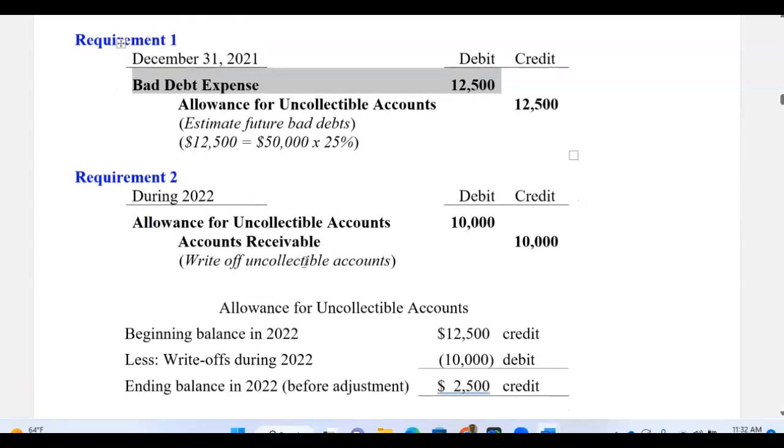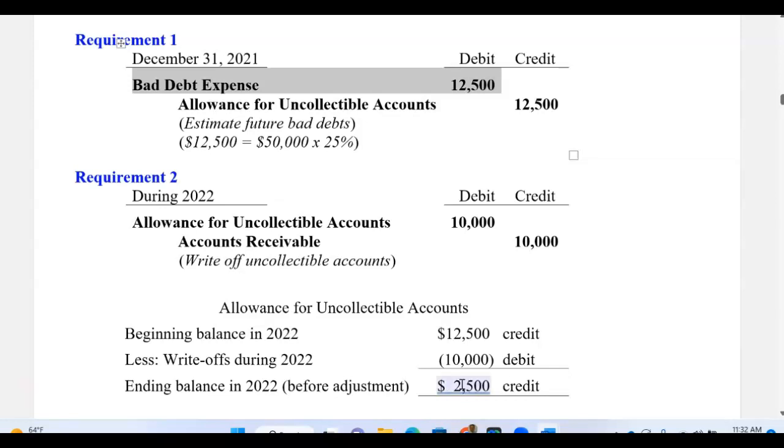So what is the allowance for uncollectible account showing right now? In the beginning, we started with $12,500 on the credit side, but then we wrote off $10,000 on the debit side. That means the ending balance in 2022, your allowance for doubtful account shows a $2,500 credit side balance.